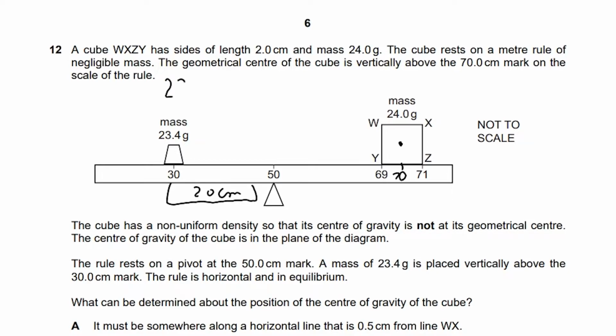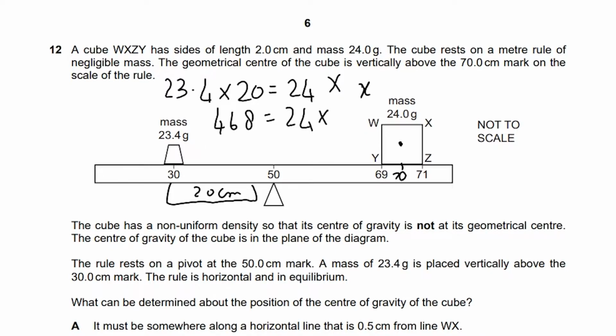We can write 23.4 multiplied by 20 is equal to 24 gram multiplied by x. Now 23.4 multiplied by 20 is equal to 468, which is equal to 24 multiplied by x. X is equal to 468 divided by 24. X is equal to 19.5.